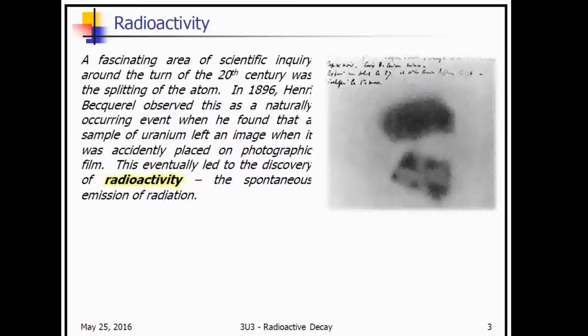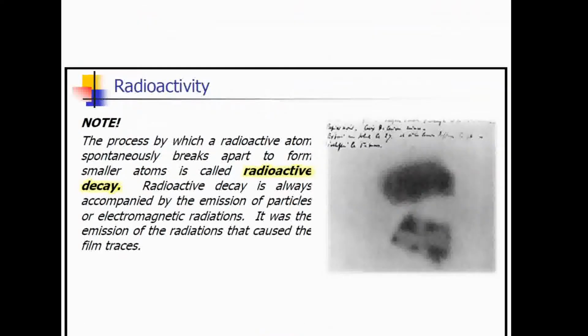So radioactivity is the spontaneous emission of radiation. What this uranium was doing was emitting electrons, and that emission was causing an image to be displayed on the photographic film.